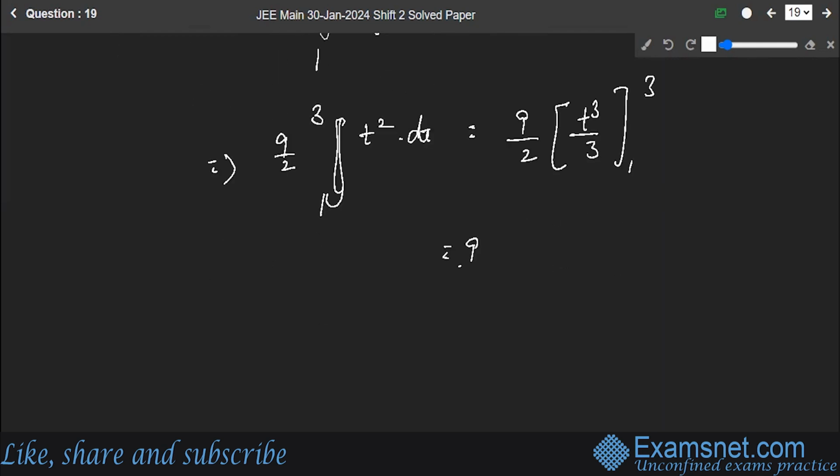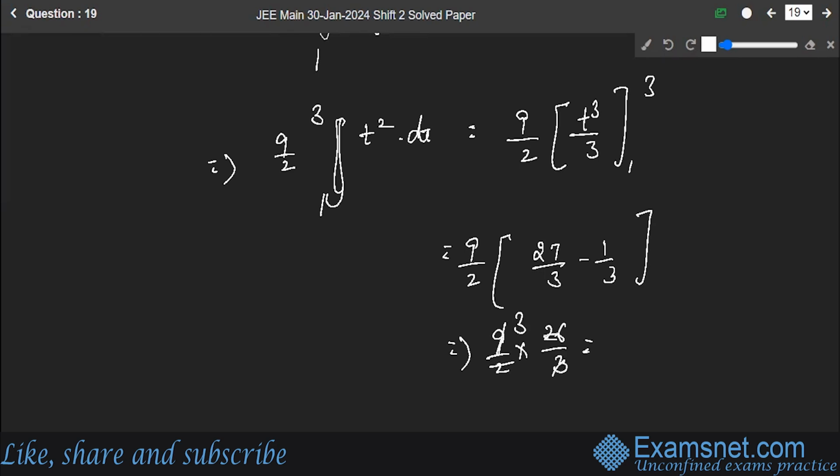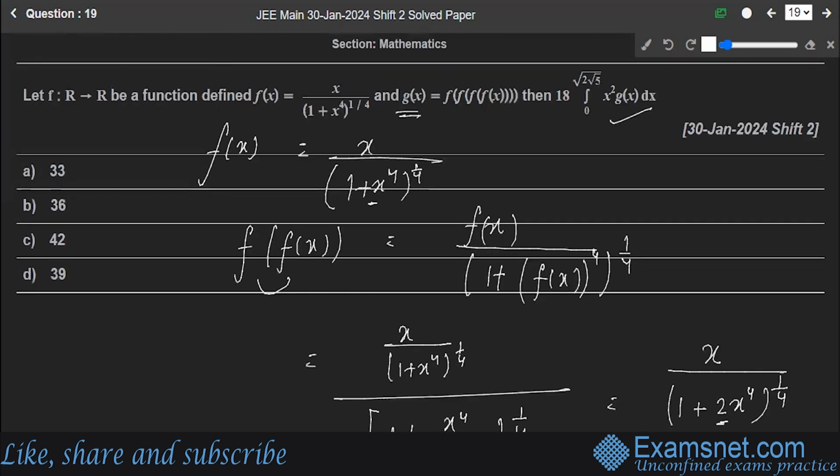You will have 9 by 2 times (27 by 3 minus 1 by 3), that is 26 by 3. This will be 39. So 39 is the answer to the question, Option D. Hope you're clear.